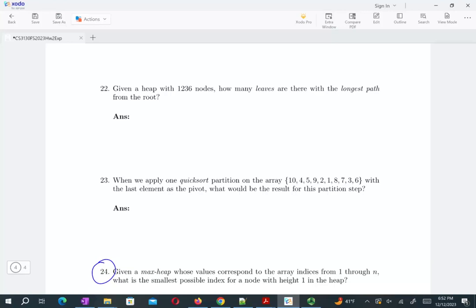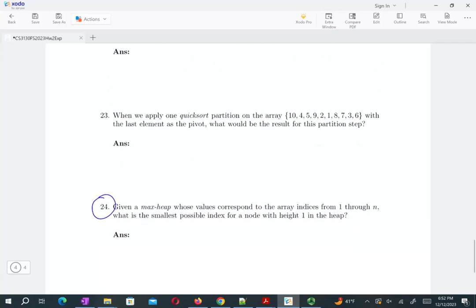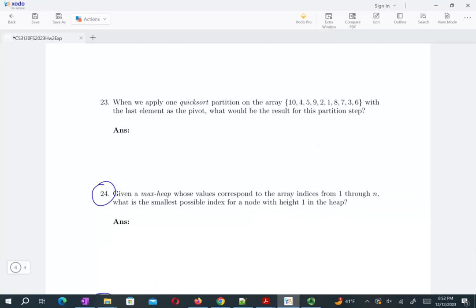Number 23, in the notes, we did a concrete example. Here you just use the same way. But when I did the grading, I noticed many students didn't apply our standard partition procedure correctly, so they missed a little bit. I have the details in my solution file.